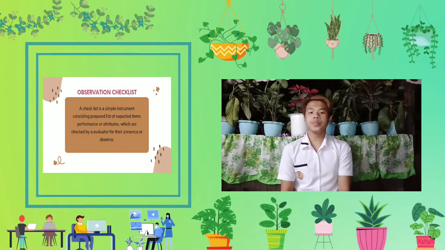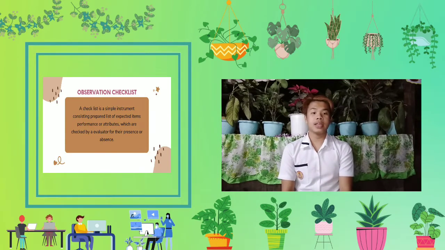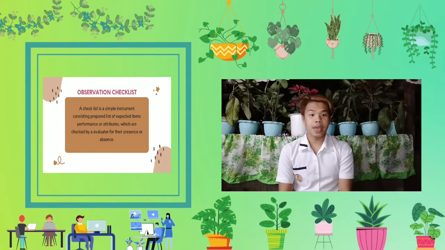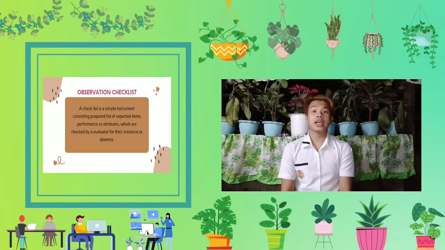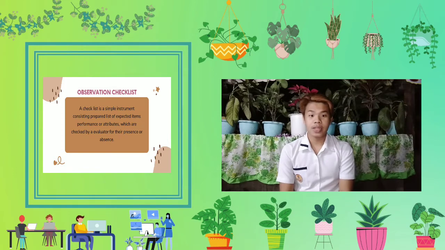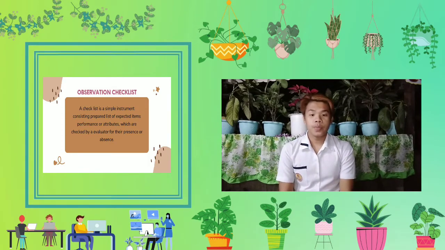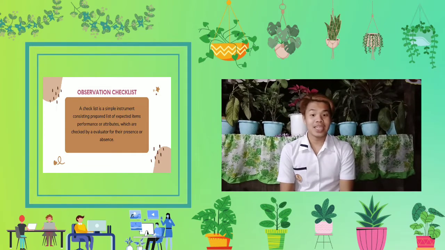So, an observation checklist is a set of questions that assist an observer to evaluate the performance and behavior of an individual's skills. Also, a classroom observation checklist helps an observer to identify skill gaps and also to improve teaching strategies, classroom settings, and student learning development.